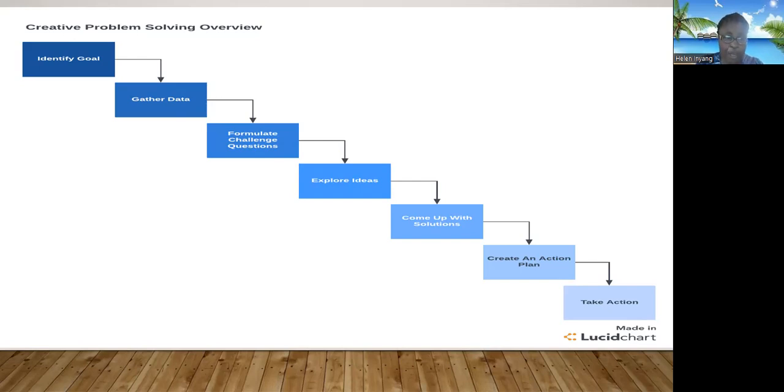The next step is for you to gather data, that is, information about the impending problem you intend to solve. Once you know what the problem is, you need to learn all you can about it. Who does this problem affect?